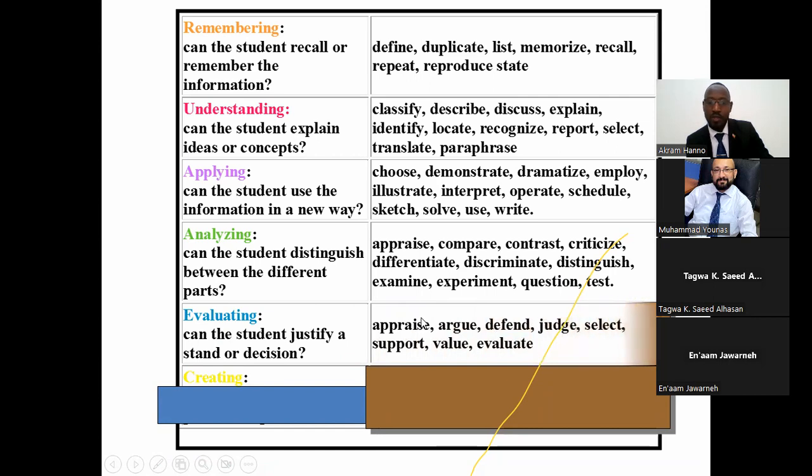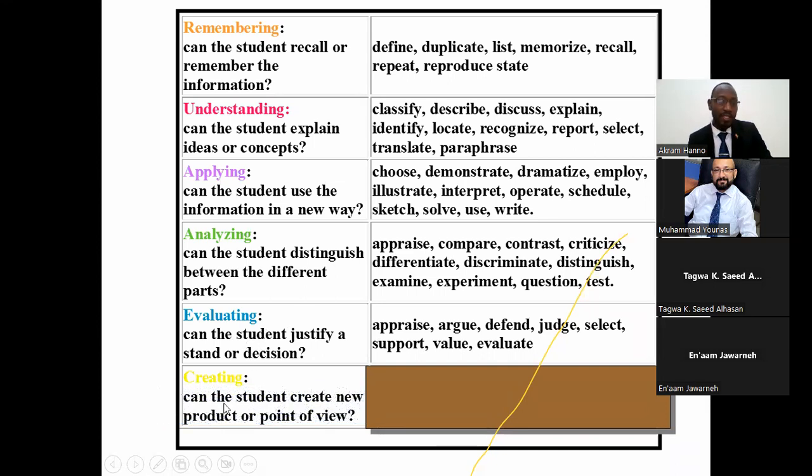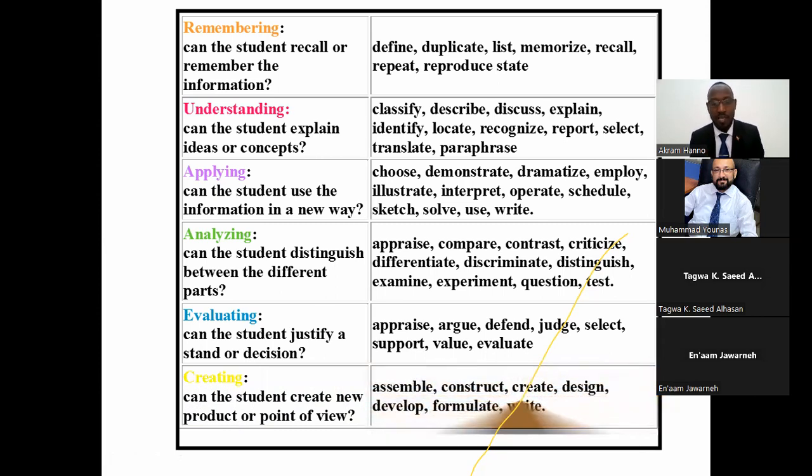Appraise, argue, defend, judge, select, support, value, evaluate. And the highest one: can the student create a new product or point of view? The verbs: assemble, construct, create, design, develop, formulate, and write. So this is the high order, 1, 2, 3, 4, and these are the low order.